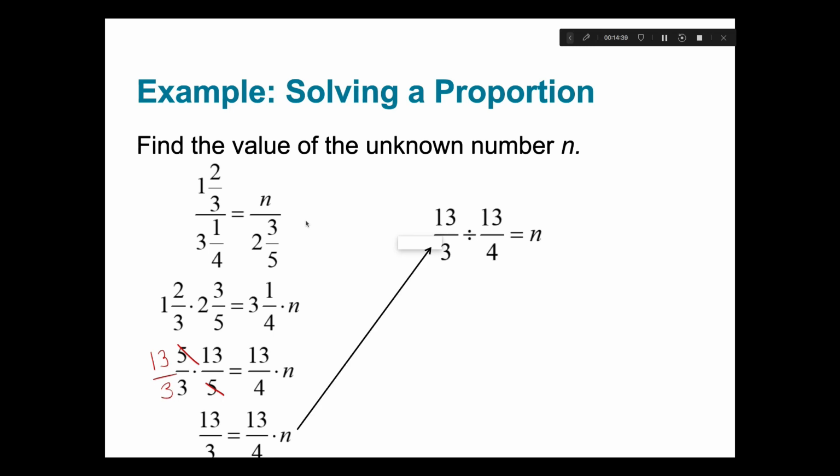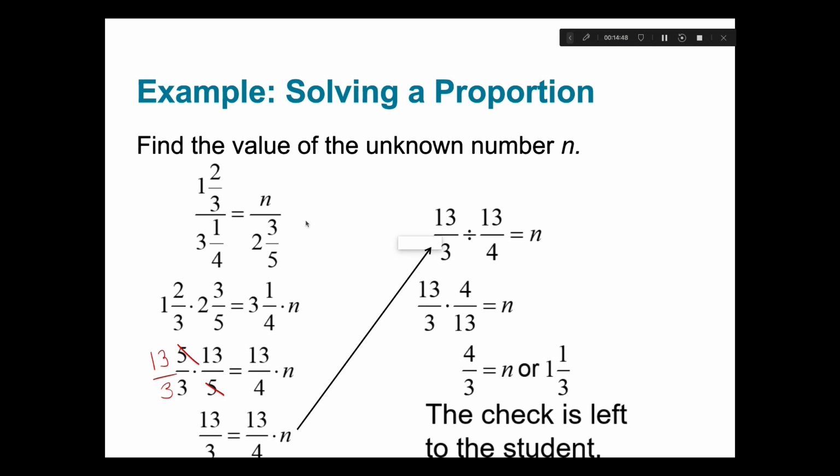How do I divide? Flip and multiply. When I flip and multiply, I have 13/3 times 4/13. What can I cancel out here? 13s. Just get rid of those, and now I have 4/3. So n is 4/3, or 1 1/3.